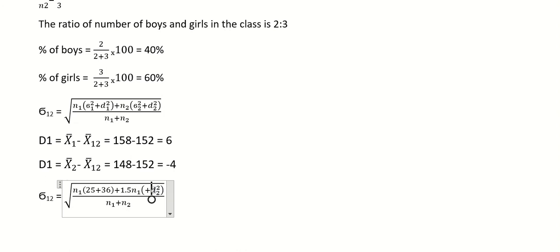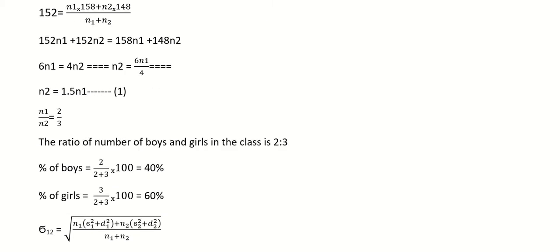I'm directly applying 16 here. And deviation 2 is minus 4. So I'm directly applying square of minus 4, that is 16. N2's value is 1.5 N1, which we have derived earlier in the question from here. I'm applying it. Okay.